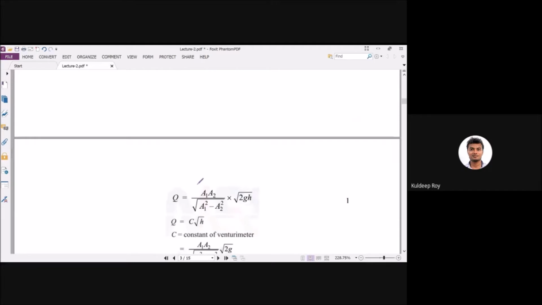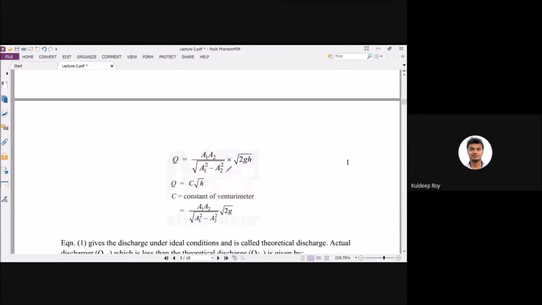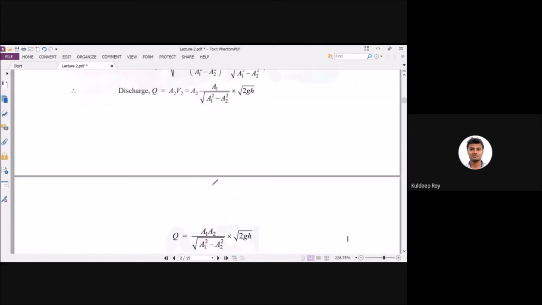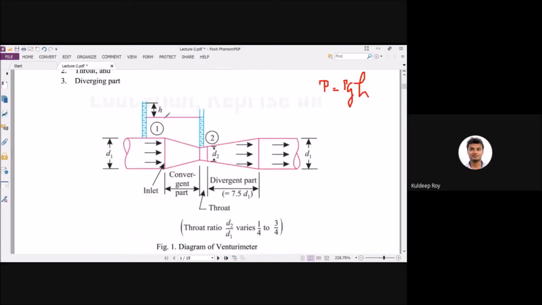Now you have solved up to here, and now you are looking for a constant. Why a constant? Because you want to determine a parameter which is known to you. You only know the height. For an experimental setup, you can determine only the height. You don't know the pressure, you don't know P1 and P2.